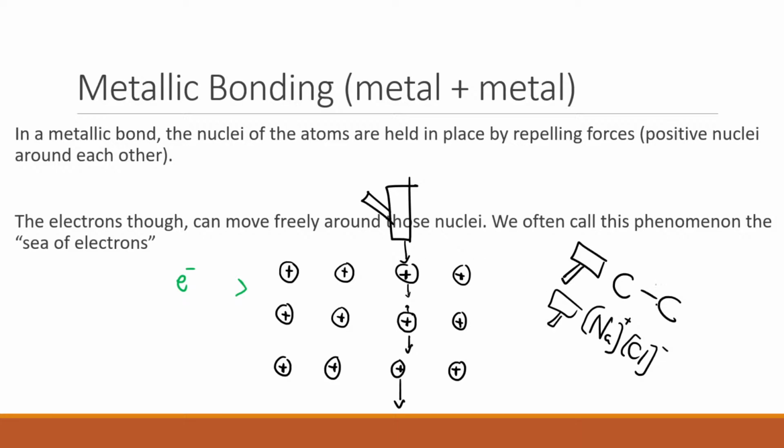If you hammer something covalent, it will break. If you hammer something ionic, it will break. If you hammer something metallic, it will shift. It will move and accommodate that force because it has the built-in capability to do so. And then when we get our electrons back, they're going to accommodate that as well.